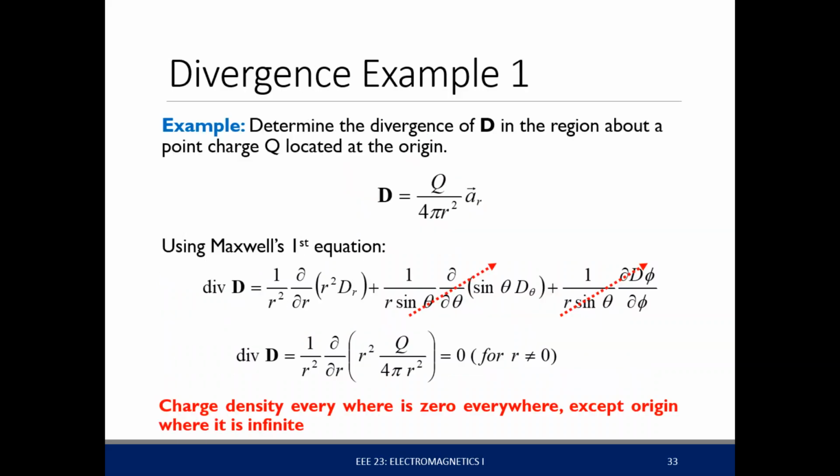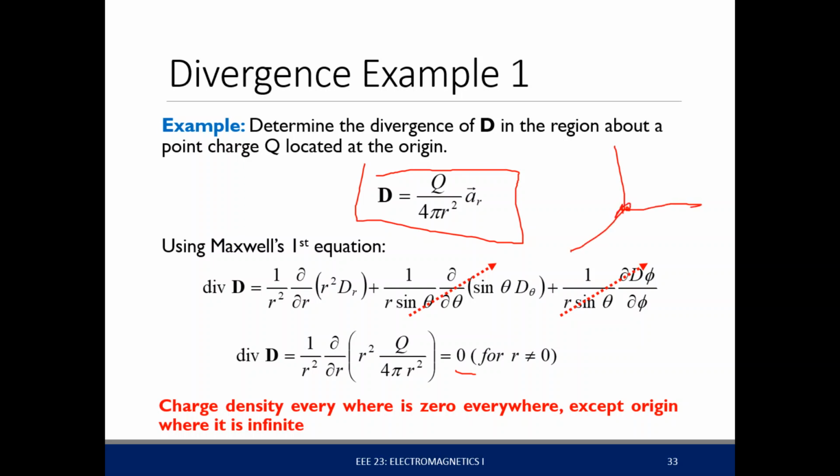We went through some examples proving the use of the divergence. In the case of a point charge, if we take the divergence of the electric flux density of a point charge like this, we know that it's this expression. If we take the divergence, we get 0 everywhere, which means that there are no charges in space if we draw that.